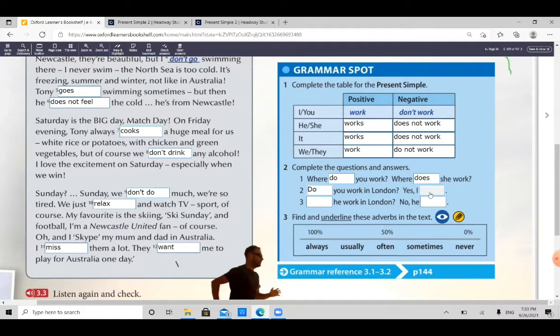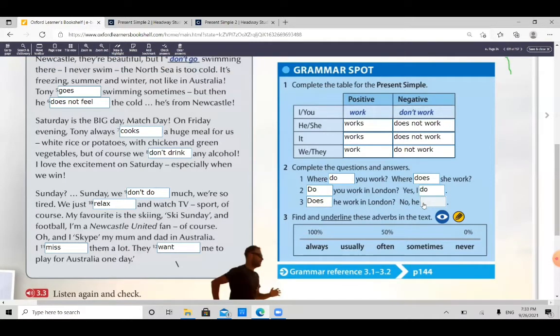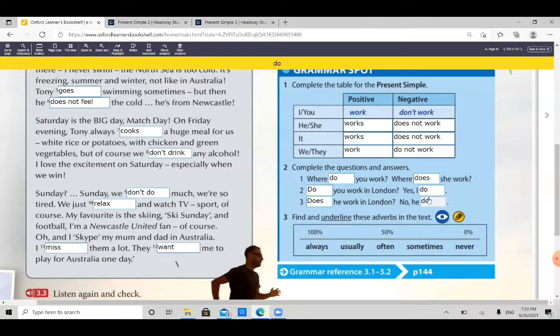So this is called a short question or yes/no question. Tahani? Does he work in London? No, he does... again, Tahani, with no: he doesn't. Thank you very much. So no, he does not or he doesn't. Let me write it in short form so you can see.